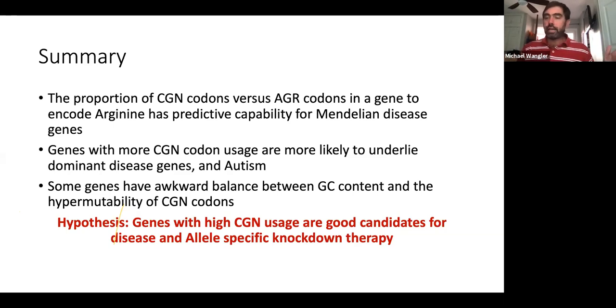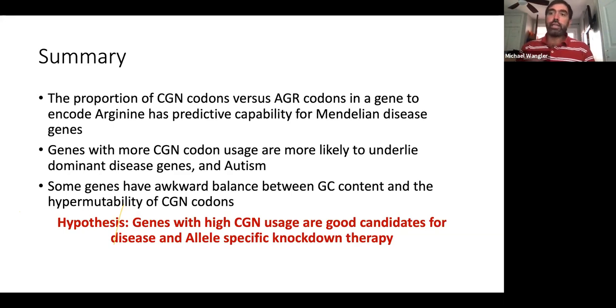So at the nucleotide level, some genes need a certain GC content, and they can't maintain that GC content without these CGN codons. There's too much of a proportion of the CG codons that they require in order to maintain that GC content, which is probably required for expression in certain tissues. But then at the amino acid level, arginine is often important.